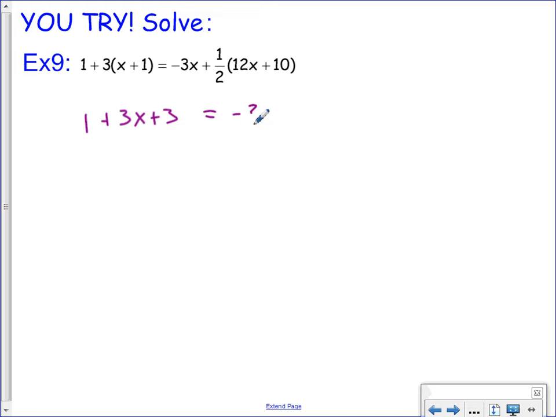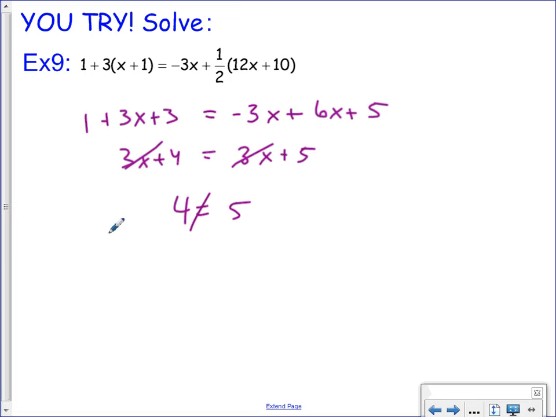Equals negative 3x plus 5. So check out what happens. This is 3x plus 4, and this is 3x plus 5. We can cancel out the 3x on both sides. This 4 equals 5.